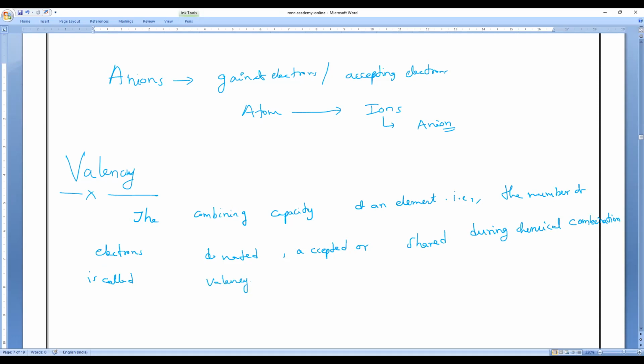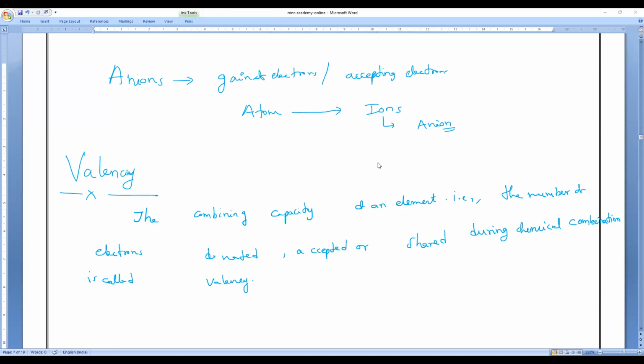Is it okay, everybody? So how much I can donate, how much I can receive, or how much I can share is my valency. Whatever electrons I can donate, share, or accept during a chemical reaction, that is what we call valency. I hope you all understand, everybody.